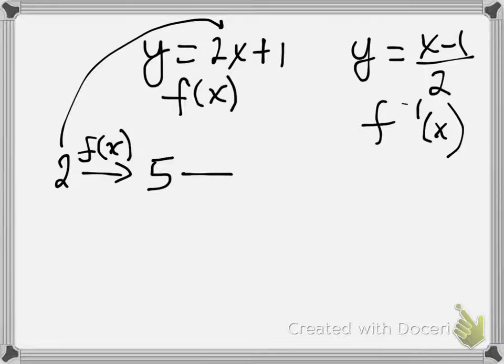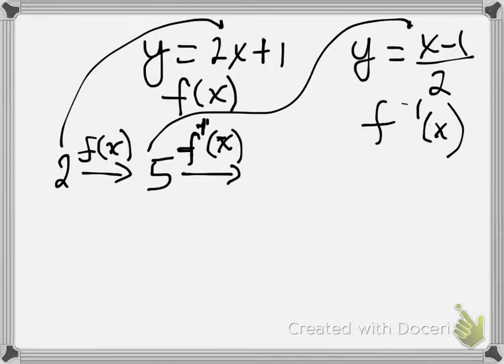Now, what the inverse function does is it takes the output and maps it back to the original input. So when I plug 5 into the inverse function, I'm going to take 5 and plug it in here.